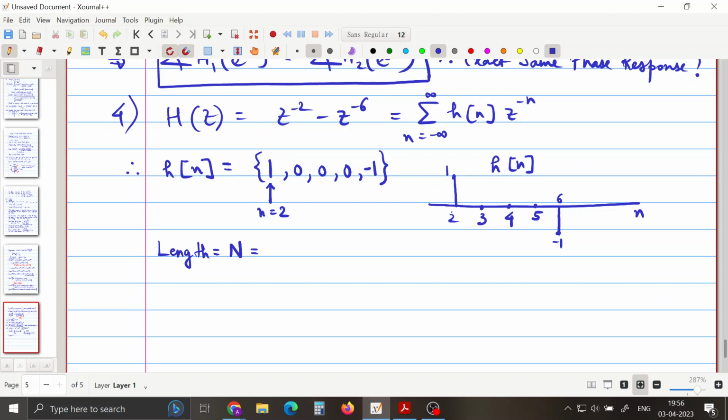So the index small n runs from 2 to 6. From 2 to 6 there are 5 samples, so the length of the sequence h of n is 5. It's a 5 length sequence, so capital N is 5. And of course this is odd.